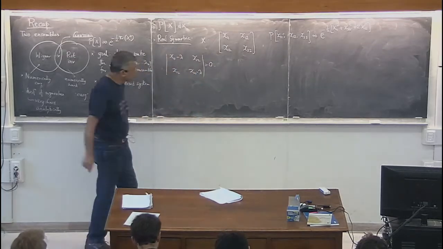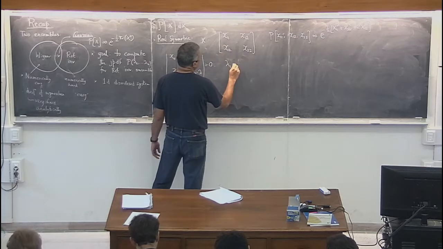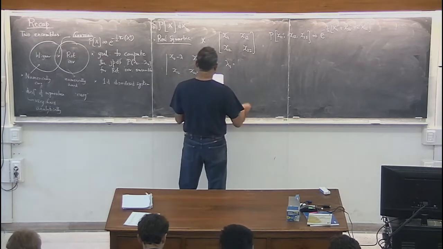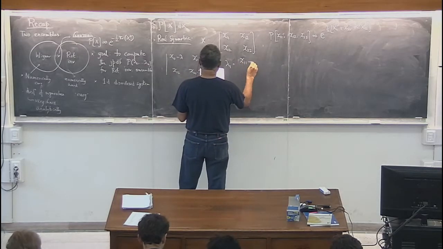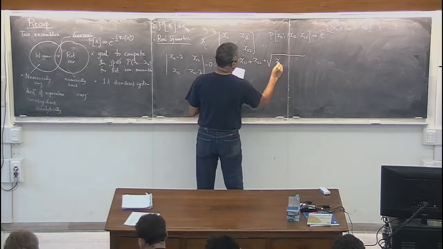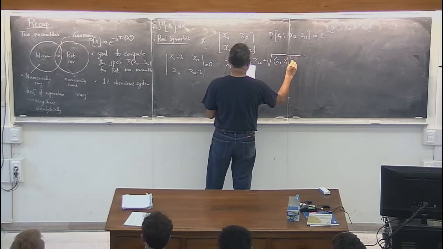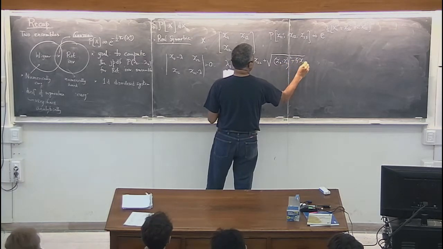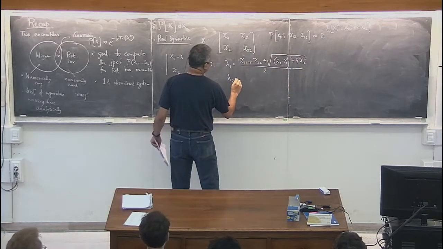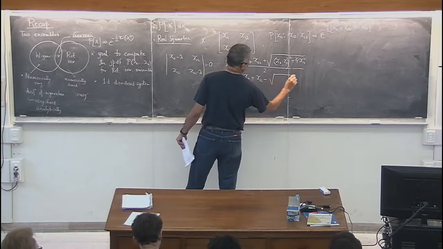This gives me a quadratic equation, and you can get the two eigenvalues explicitly as functions of the entries. So lambda 1 will be x11 plus x22 plus the square root of (x11 minus x22) squared plus 4 x12 squared, divided by 2, and lambda 2 will be the other root, which is minus this square root.